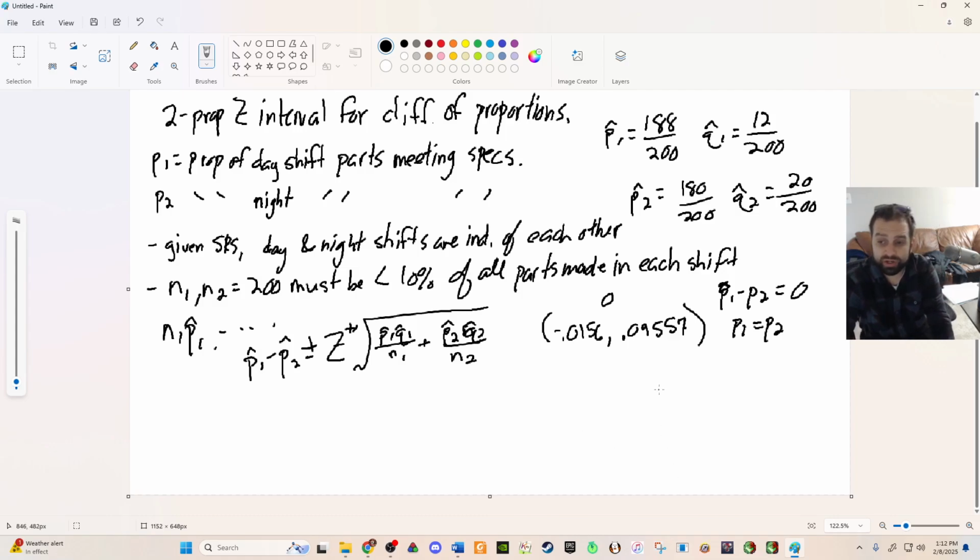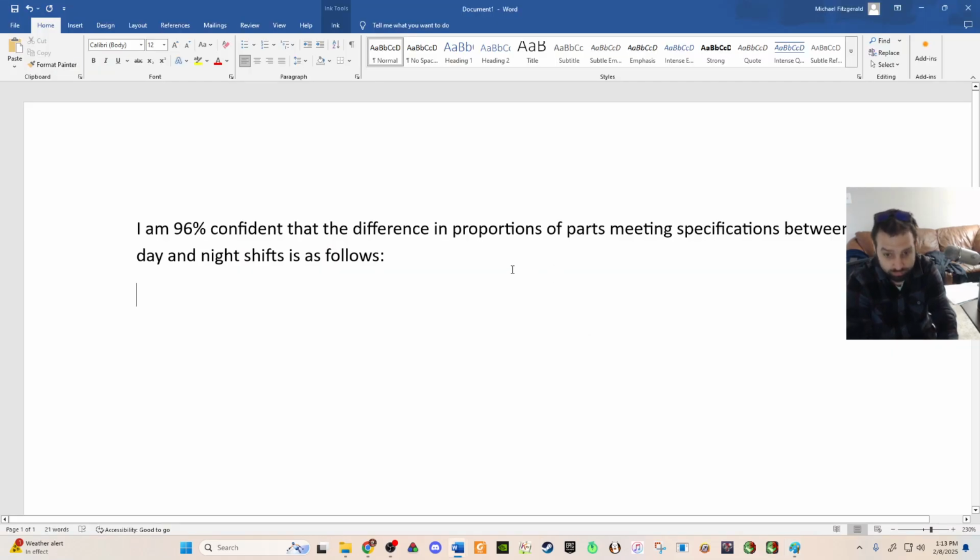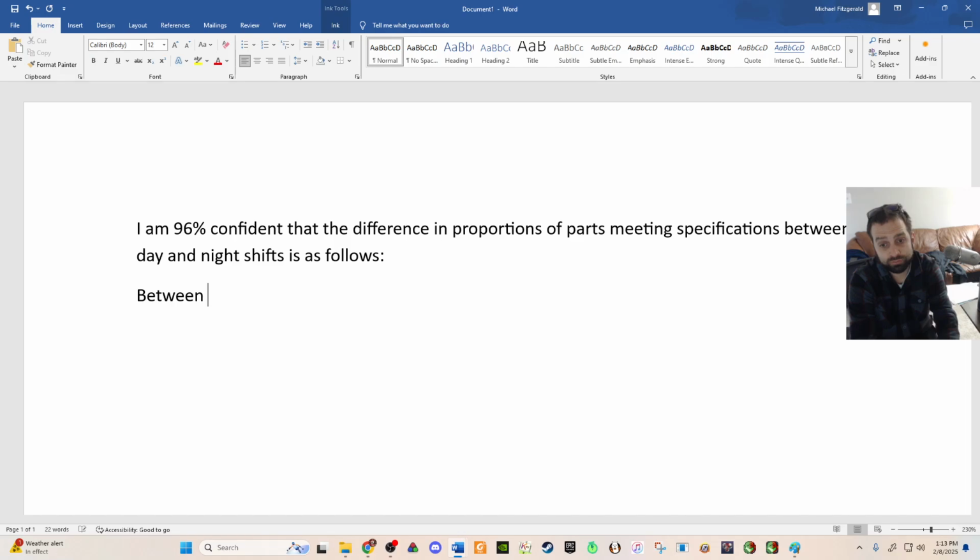So if this is P1 minus P2 and I get a negative, doesn't that mean there's a chance that P1 is lower than P2? That means day would be at worst 1.56% lower than night.